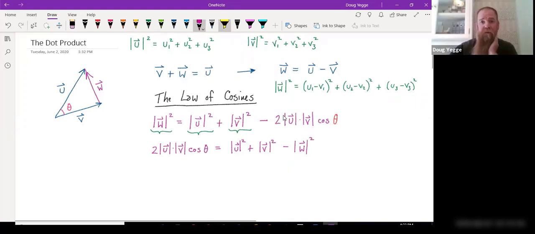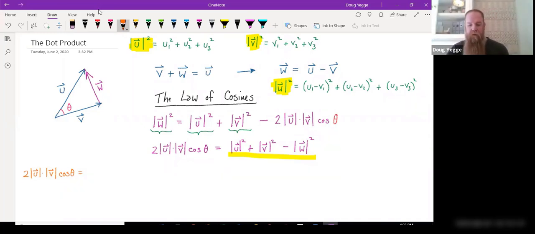And now what I'm going to be able to do is replace each of these magnitude squareds into this side of the formula over here. All right, so let's go ahead and work that out. Since this is going to take a bit of space, I'm going to jump way over here. We're going to say 2 times the magnitude of u times the magnitude of v times cosine of the angle between them is equal to, well, I'm going to leave this right now as just the magnitude of u squared plus the magnitude of v squared.